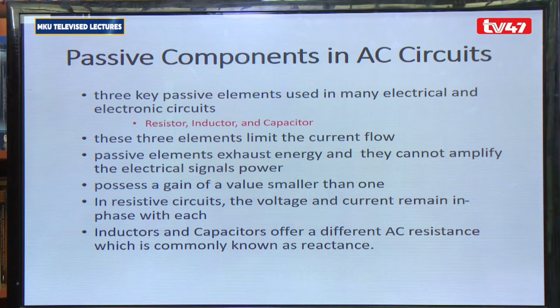Now, if you look at the resistors, we know the resistance is usually the same in both DC and AC, regardless of the frequency. So frequency does not affect the value of the resistance of a resistor in a circuit.